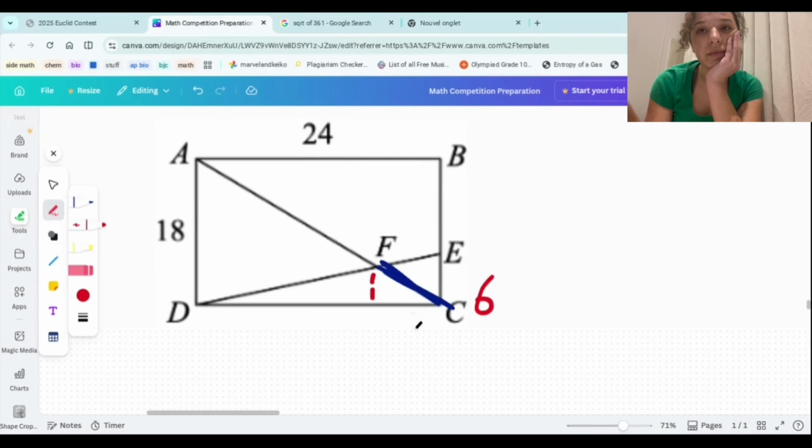So the length will be the height. Well, okay, let's go step by step.